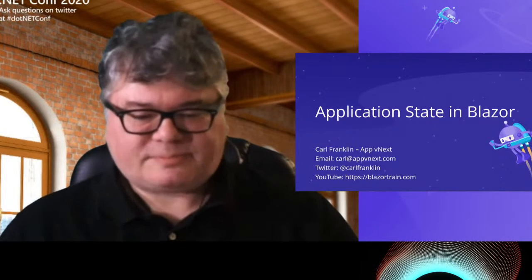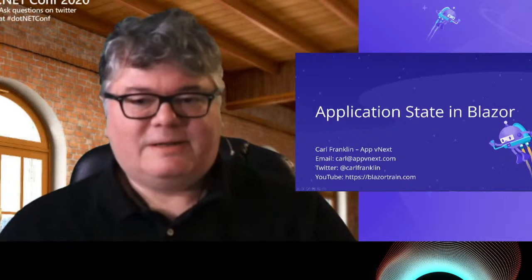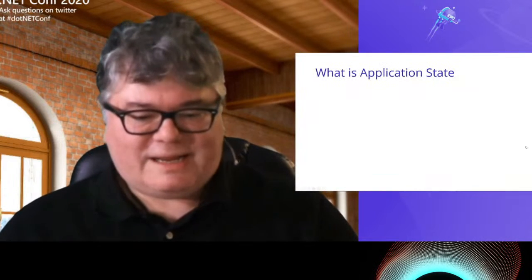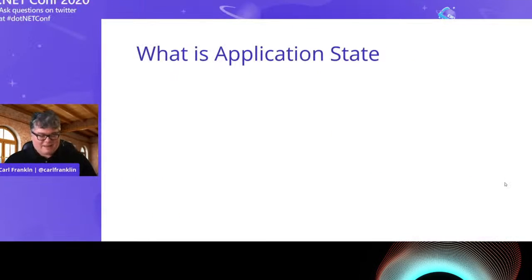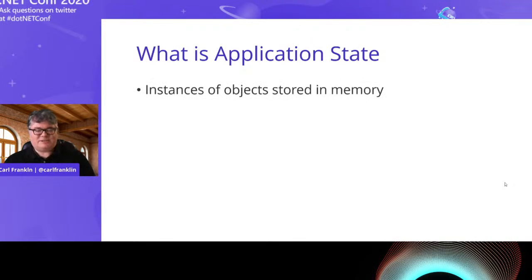All right, let's get going. So what is application state? Application state is essentially where you have instances of objects that are stored in memory. Normally these would be behind a page in Blazor, behind a component, but sometimes you want to share those things.